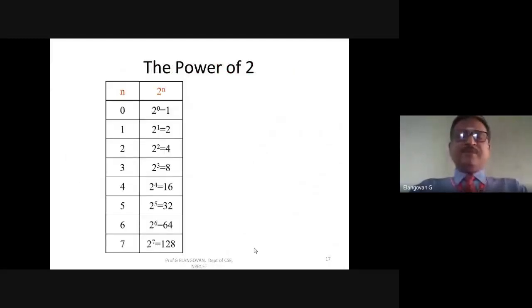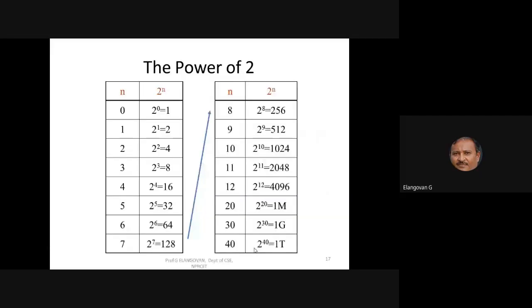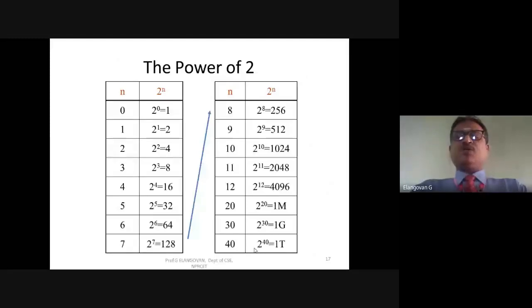And many times we will be coming across the powers of 2. So those are the standard powers of 2. And if you look at the key values, 2 power 10 is going to be 1024, and we say 2 power 10 is 1 kilo. So that's 1024.